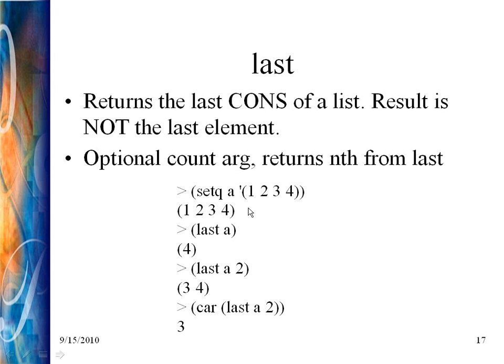Last applied to it is the list containing the last element, the list containing 4. Last of A with the optional argument 2 is the list containing the last 2 elements of the list, 3 and 4. The car of that, it's a list, the car is the first element, is the element 3.